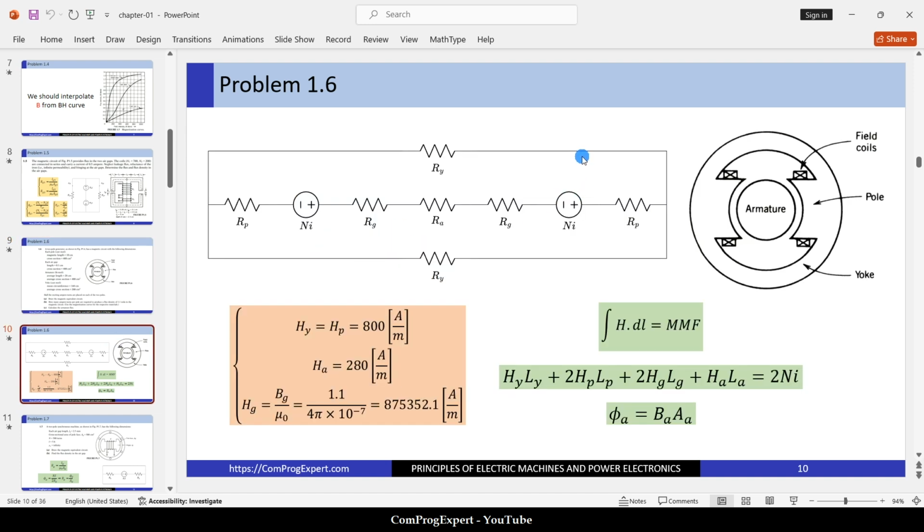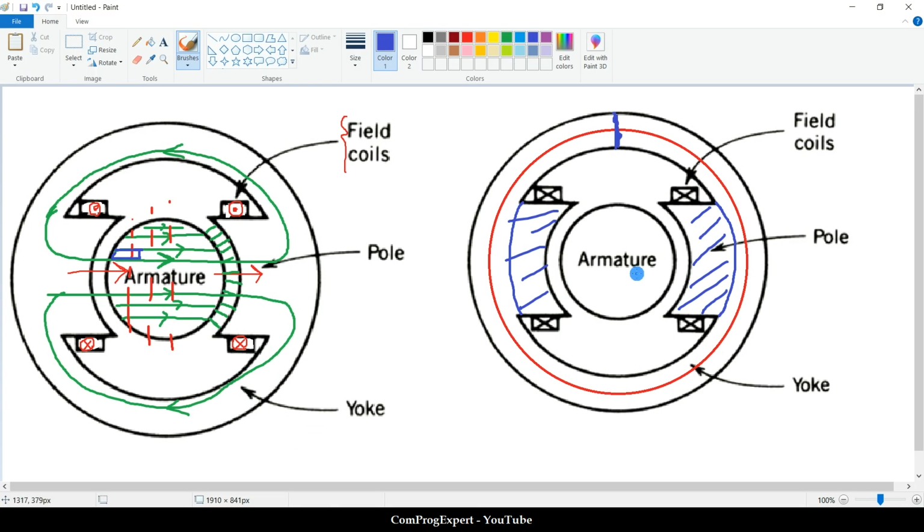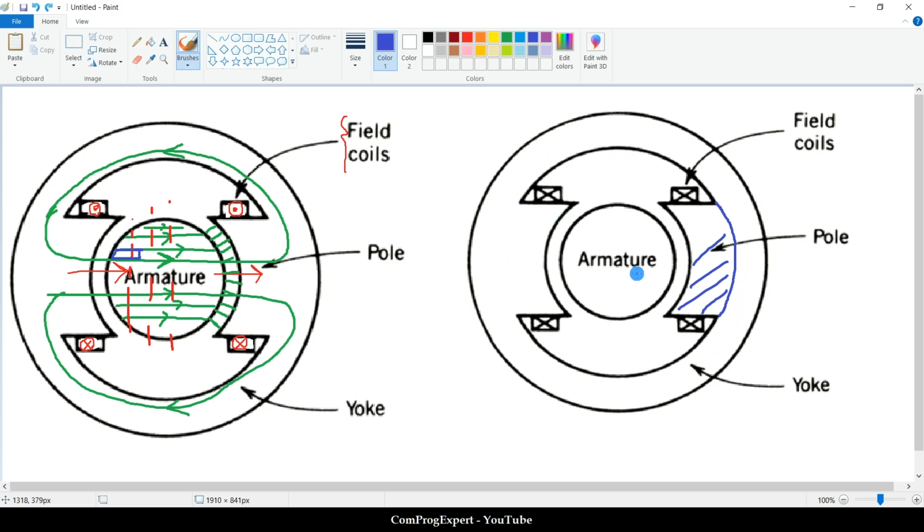Here is part A, drawing the magnetic equivalent circuit. So in this figure, you can realize the magnetic equivalent circuit by following the flux lines. When we excite these two coils, considering these directions for excitation, we will have these flux lines, and let's draw the reluctances in front of the flux. We have one reluctance here.